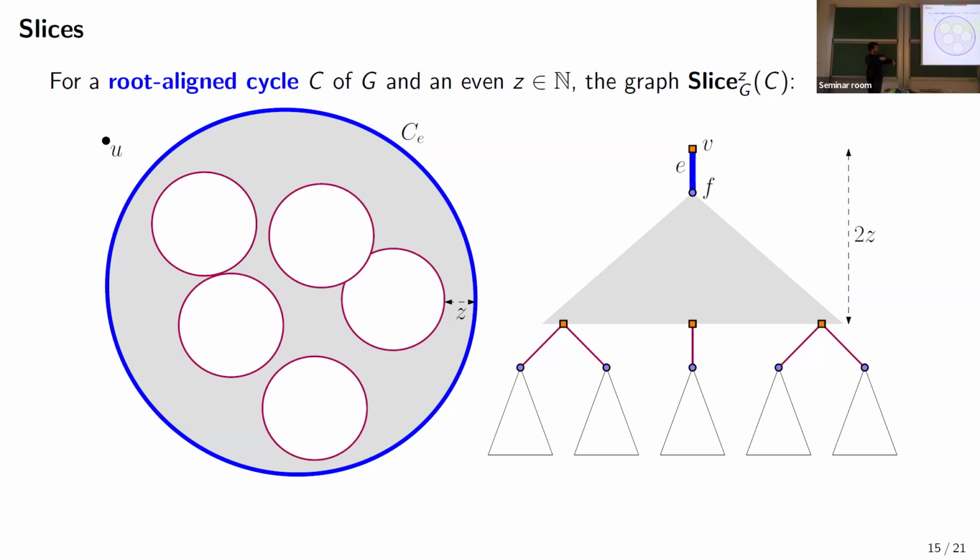You crop and take this graph, but you also throw away whatever is in the interior of the cycles. So you take this kind of pseudo disk. This is a slice. Take a cycle, you go some steps, you flood the graph in a way, you stop after some point, and you forget what's after.